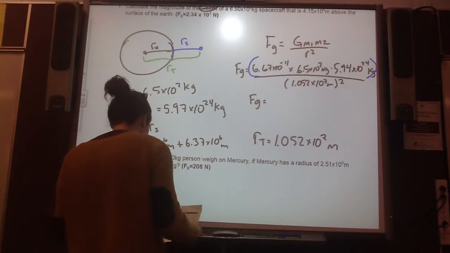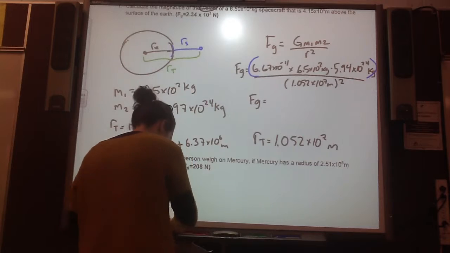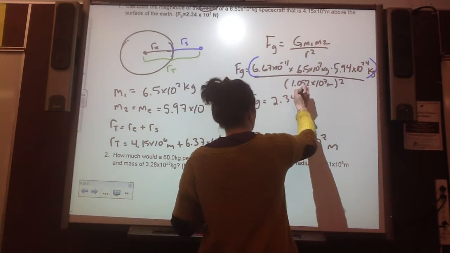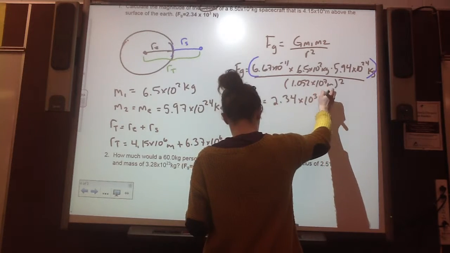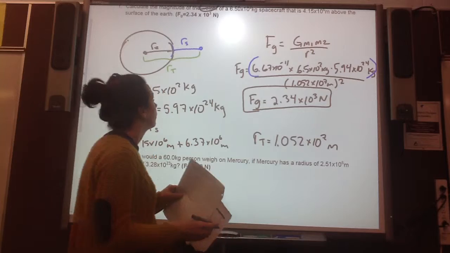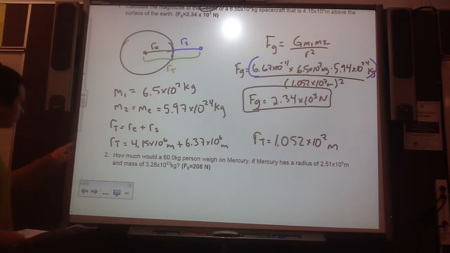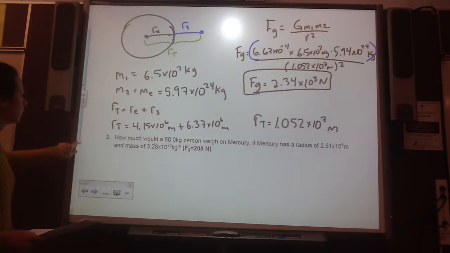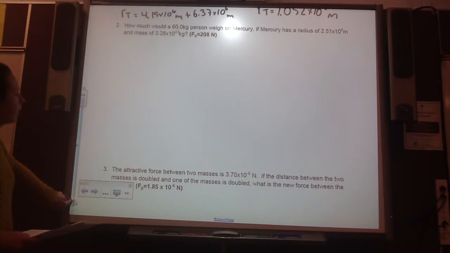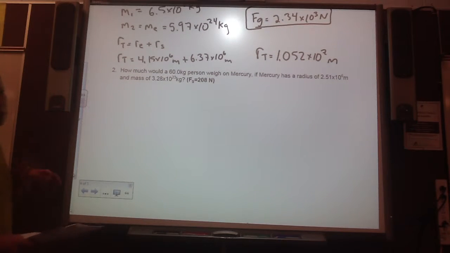When you put that into your calculator, which I want everyone to try right now, make sure you do that, you should get 2.34 times 10 to the 3 newtons. Again, if I go too fast or anything, you can just ask the sub to pause.